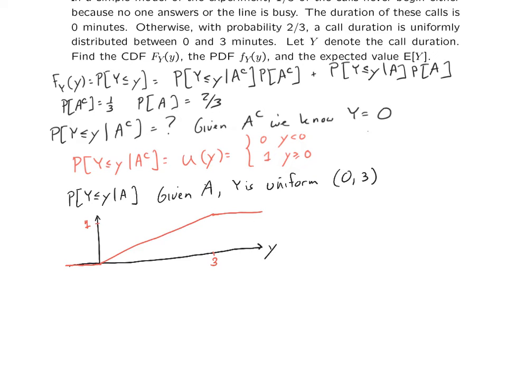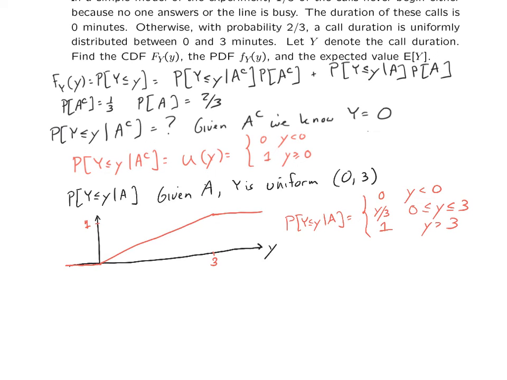And algebraically, we can represent this as equal to 0 for y less than 0. It's equal to y over 3 for 0 less than or equal to y less than or equal to 3, and it's equal to 1 for y greater than 3.